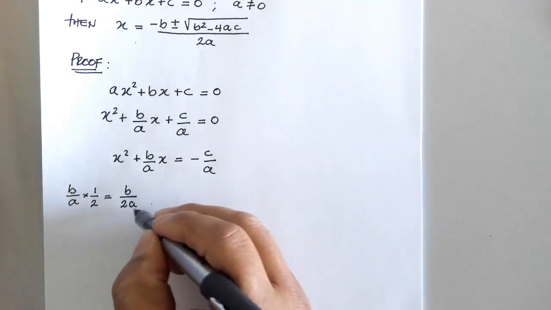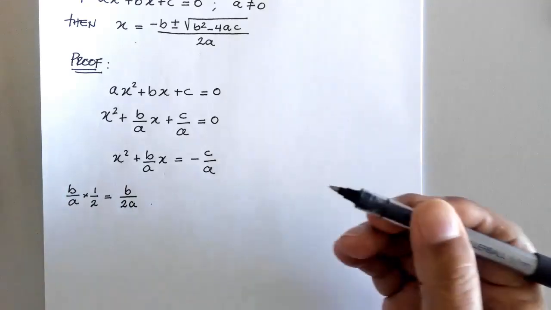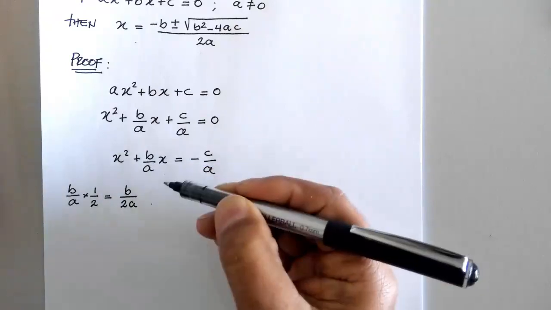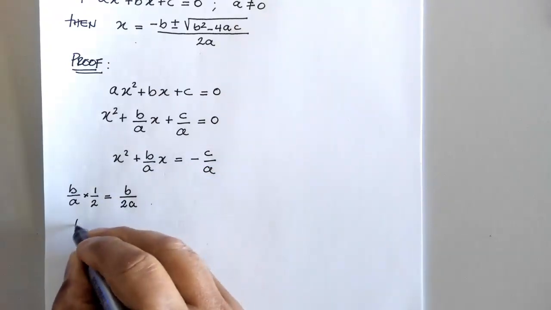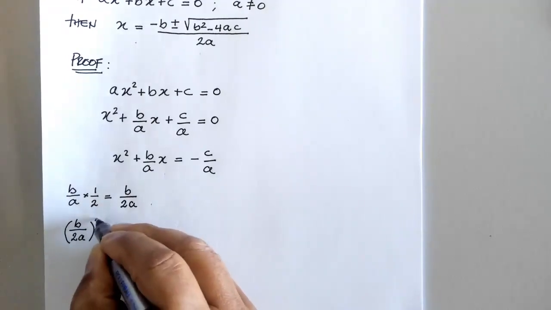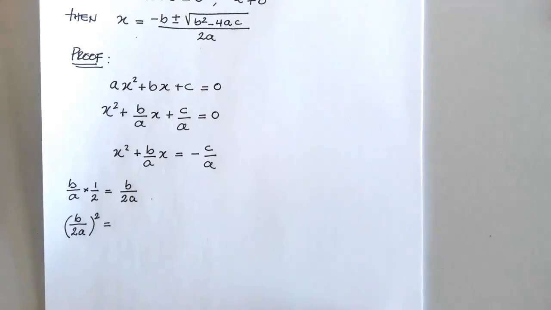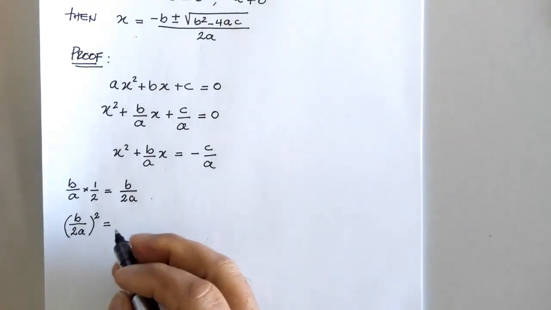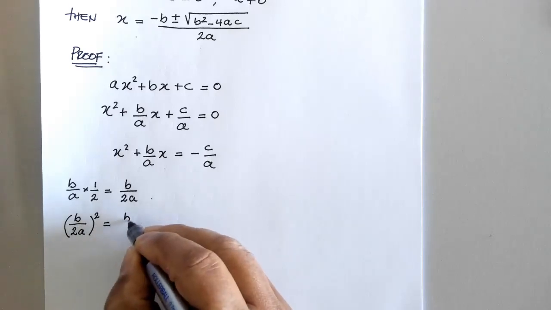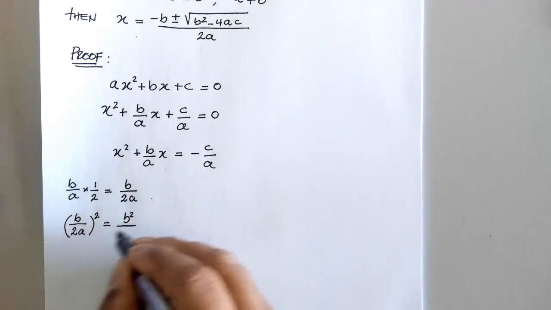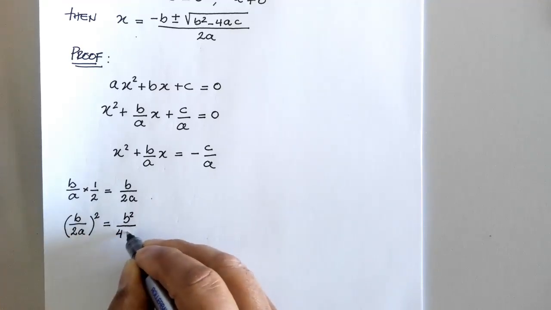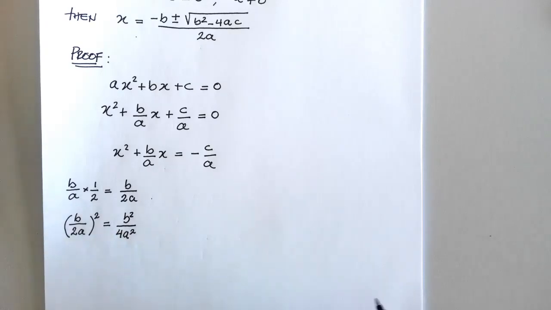And then we are going to square this. That was always the procedure: divide this by 2 and then square the answer. So let's square the answer. b squared is b squared, and 2a squared is 4a squared.